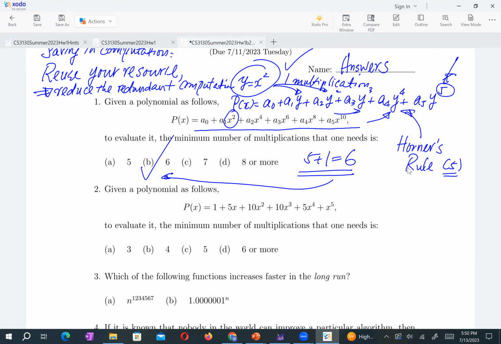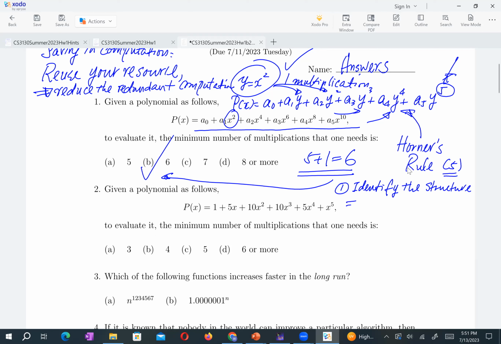Next question, number 2. This one. The first thing you need to identify is the structure. That's important. It looks like most of you, at the beginning, did not know that it is Pascal's triangle.